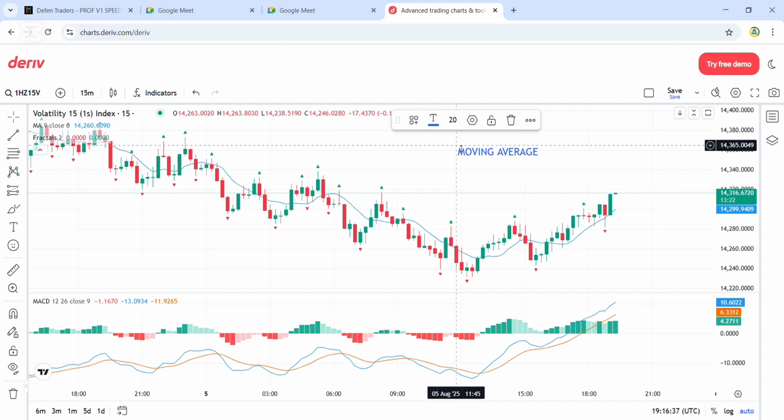We have the Williams fractal. We have the MACD. Okay, those are the three indicators that you'll be working with in our setup analysis for the market rise and fall. I'll still do a different format of the analysis using a different set of indicators, okay?